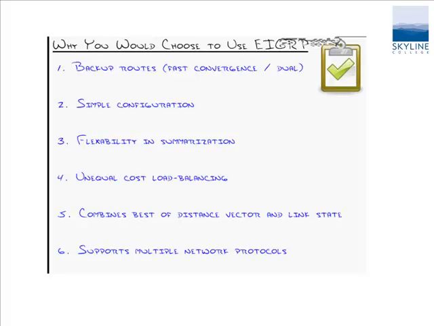It uses some distance vector and some link state properties. It supports multiple network protocols. Probably not a big deal anymore because the network protocol that we use is IP. When it came out, it did IPX, AppleTalk, and all the other routable protocols. Not such a big deal now, but if you happen to get into an environment that has those protocols, it's available to you.